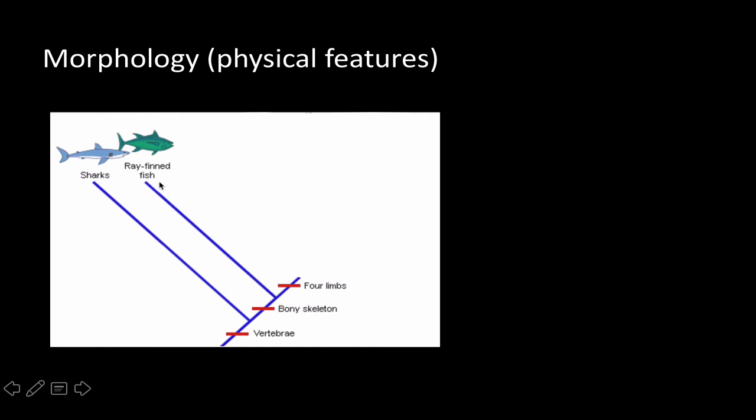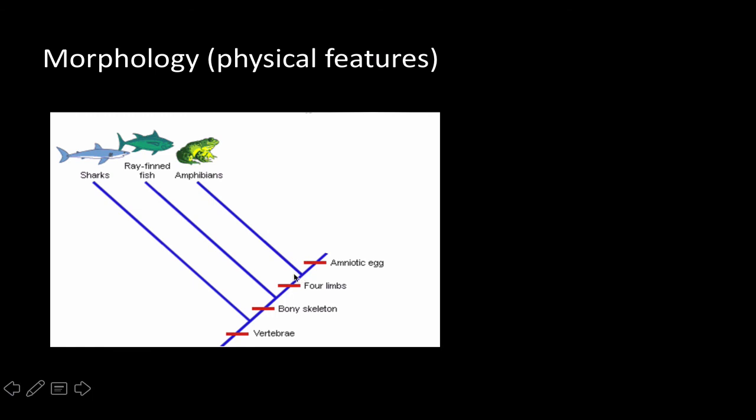One species leads to ray-finned fish, the other species continues on. At some point while this other species continues on, they evolve another characteristic, in this case 4 limbs. And again, you can assume every organism past this point is going to have a vertebrae, bony skeleton, and now 4 limbs. So anything that evolves past this point will have 4 limbs because the common ancestor has 4 limbs.